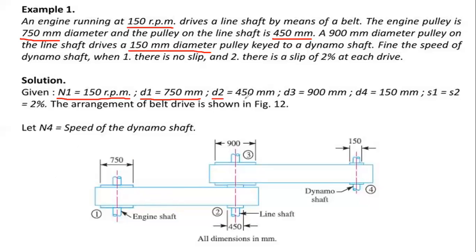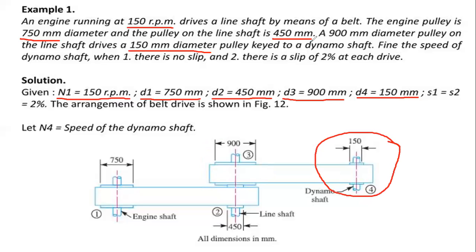Diameter 2 is 450, diameter 3 is 900, and diameter 4 is 150, which is the driven or follower pulley.